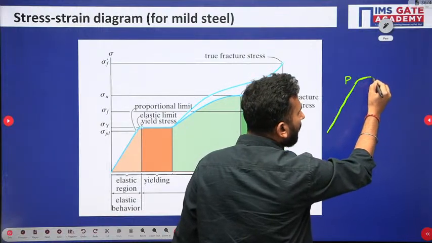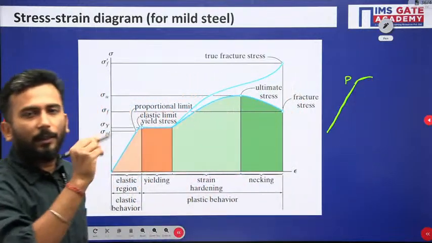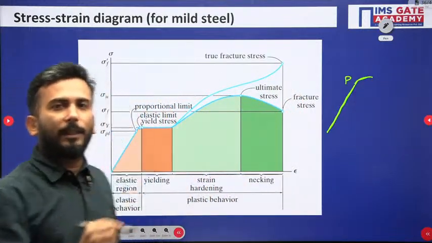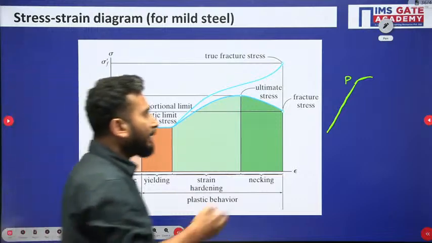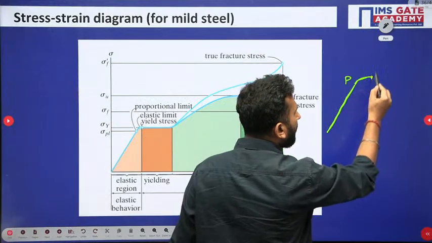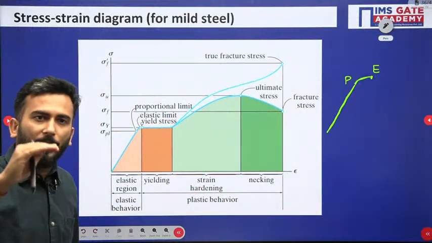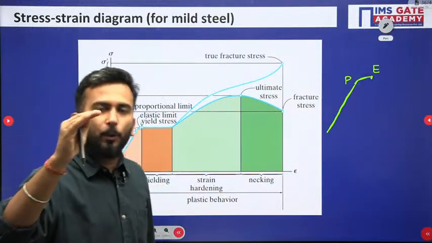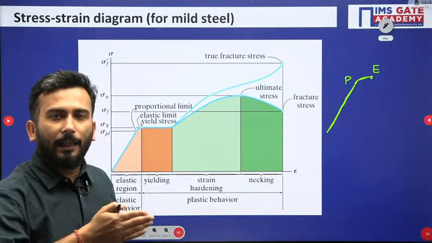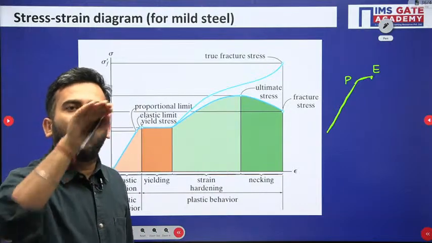It will be curve-like in nature, and the topmost point of this is the elastic limit. The only difference between the proportional limit and the elastic limit is that till the proportional limit it is a straight line, and after it, it follows a curve.